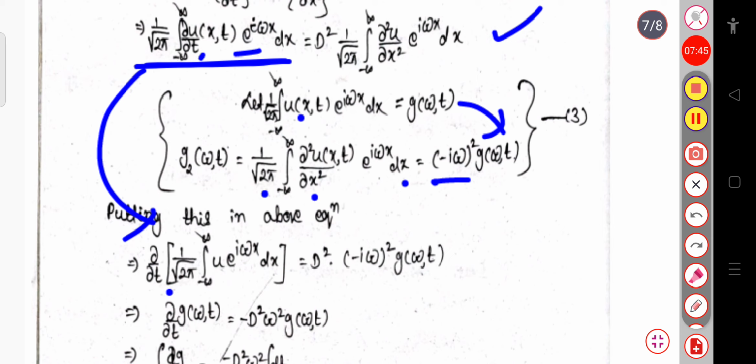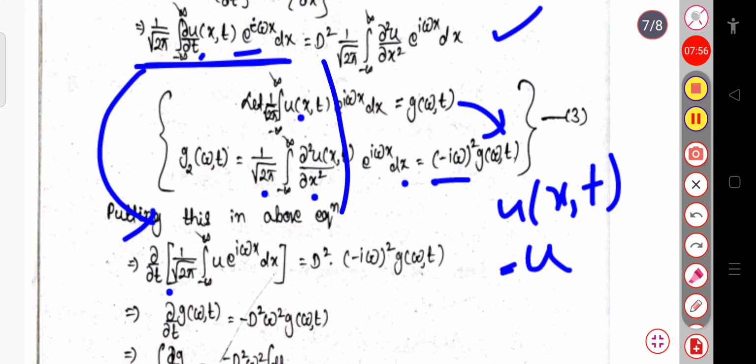We are not always writing u of x,t, we will simply write this as u. Now this will be equal to d squared into, for this total term, minus i omega whole squared into g of omega, t.